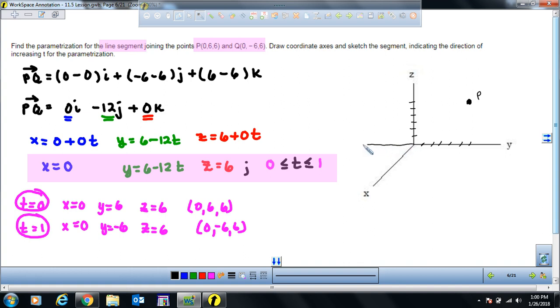Then it goes to negative y, which is negative 6: negative 1, negative 2, negative 3, negative 4, negative 5, negative 6. And then z is positive 6, so it's 1, 2, 3, 4, 5, and 6. So this is going to be my point Q. And this vector moves in the direction from point P all the way to point Q. So we need to give it direction, so it's going to move in this direction.